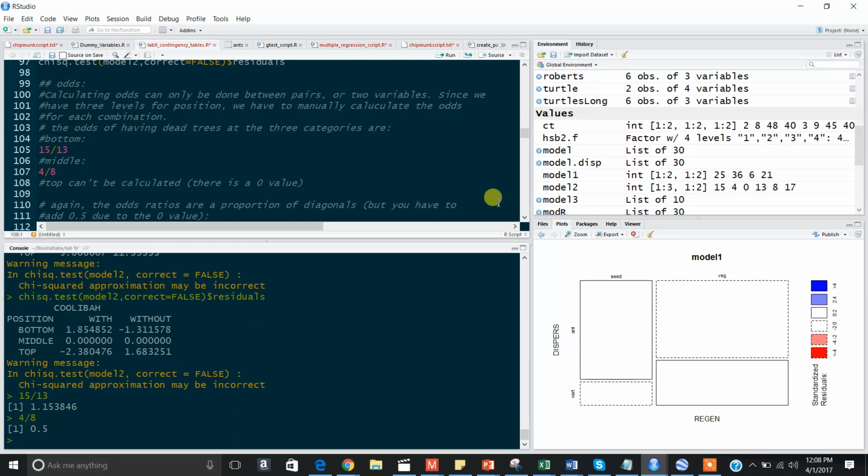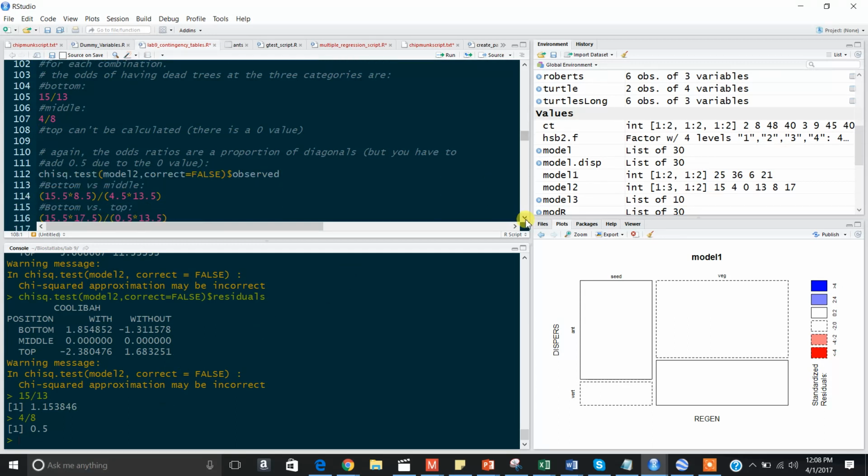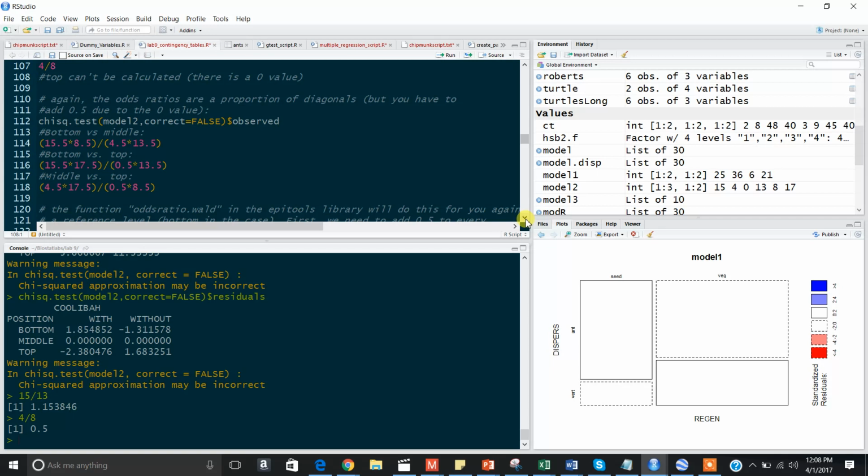Alrighty. So those are the odds proportions, and then we're going to calculate the odds ratios. And again, the odds ratios are the proportion of diagonals. But since we have that 0 value in the top position, we have to add 0.5 to all of our values.